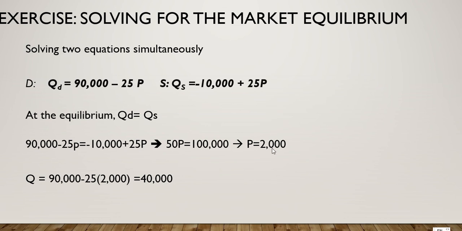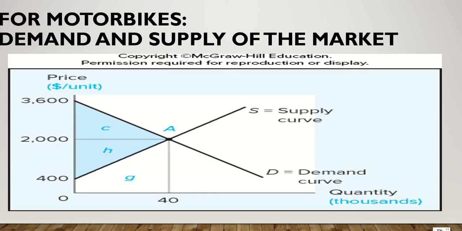So I plug the price into the demand equation. Then the equilibrium quantity in this case would be 40,000. Okay, so that's what we get: $2,000 and then 40,000 motorbikes.